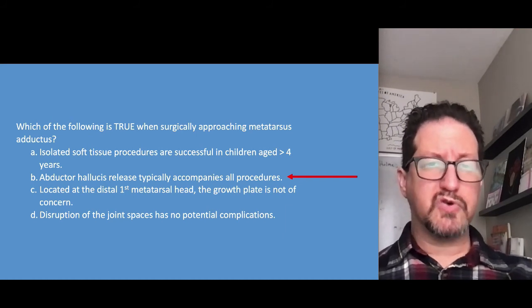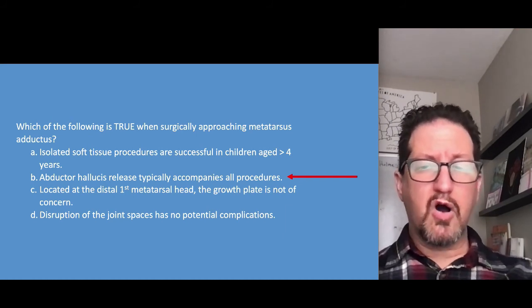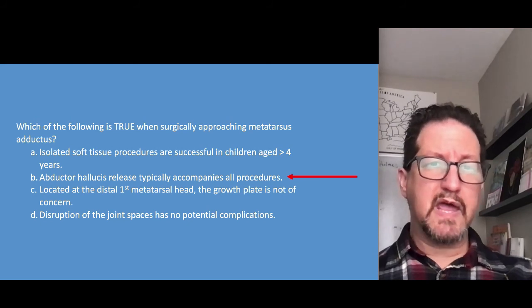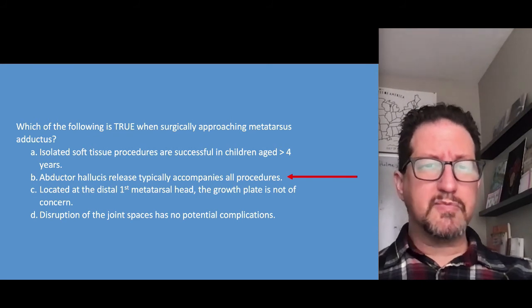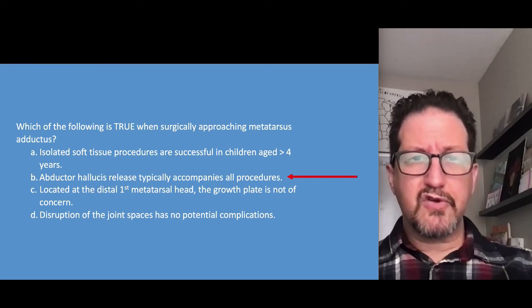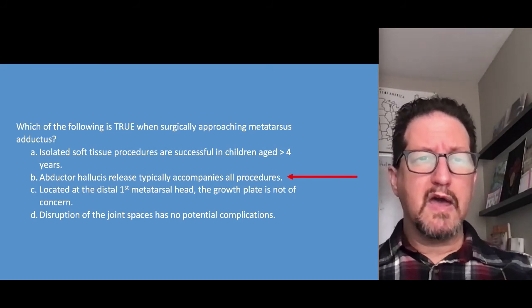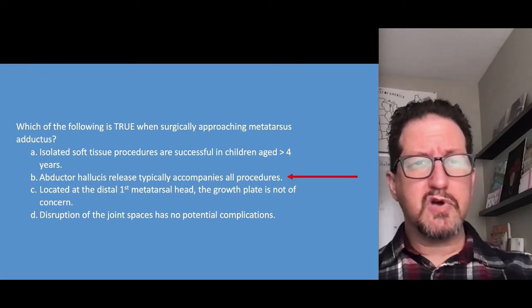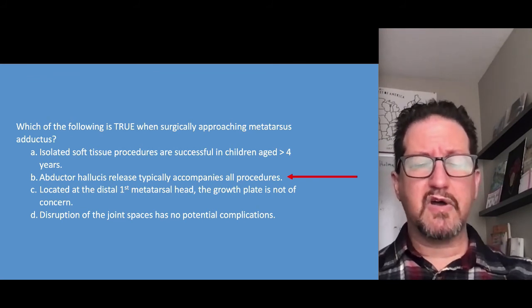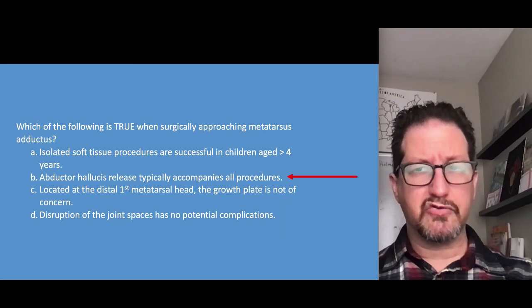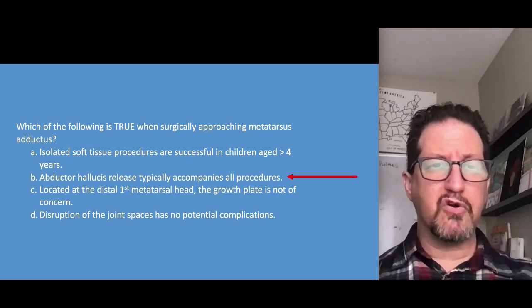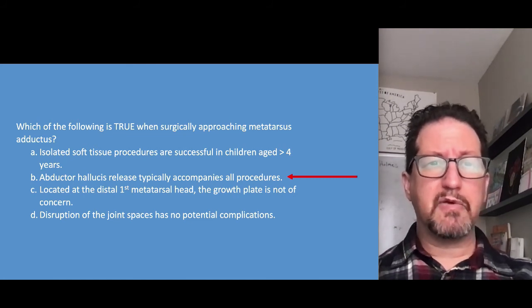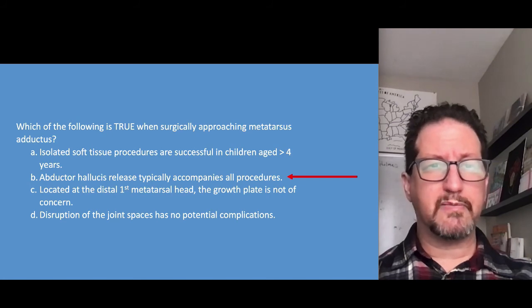Anytime you disrupt a joint space, you can cause stiffness, pain, and arthritis. And in fact, that very disruption of those joint spaces is a primary reason why soft tissue procedures are not generally done as much anymore, even in younger children. So, like the Heyman, Herndon, and Strong procedure used to be very commonly done. It's done less commonly now because of that disruption of the joint spaces.